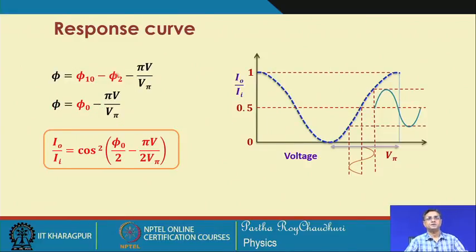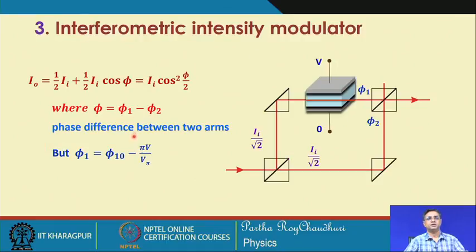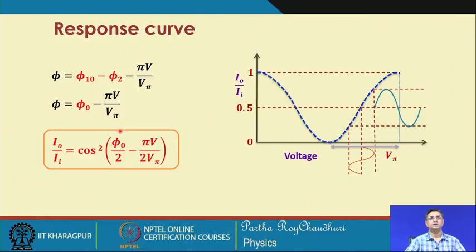If I plug in this phi 1 value in this expression, then we will get phi equal to phi 0 minus pi V by V pi, and look at this expression: this is the output intensity as a cosine square function of the input intensity, and you have this response, this cosine square function, which looks like this.